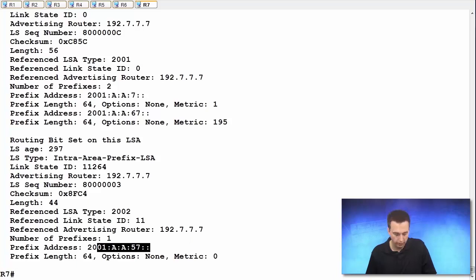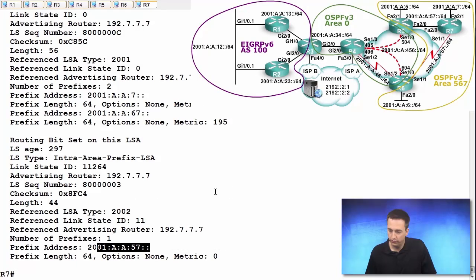Let's take a look at that in the topology. 7, double colon, check. 57, double colon, check. 67, double colon, check. So we have the specifics of the networks inside the Type 9 LSA for OSPFv3.